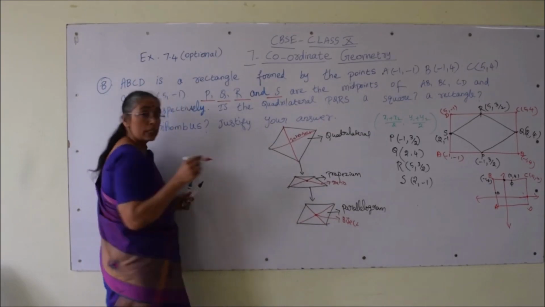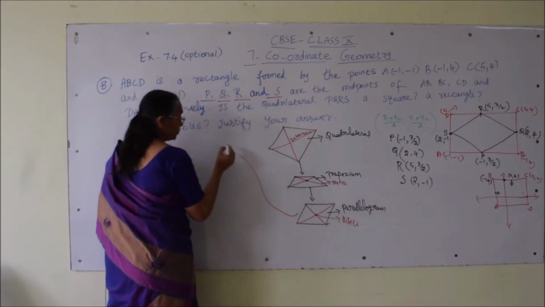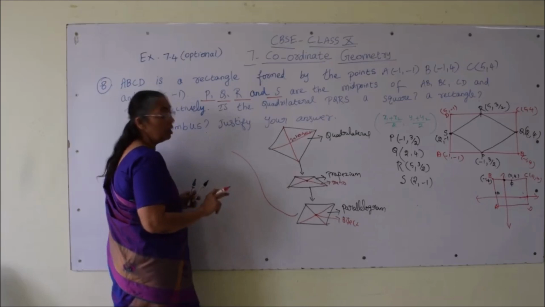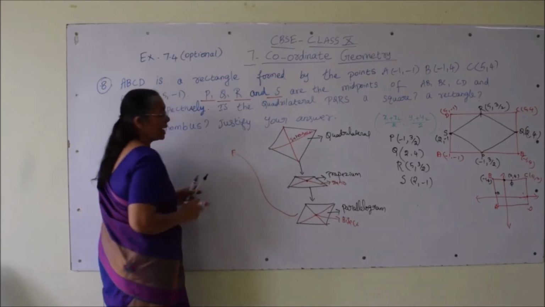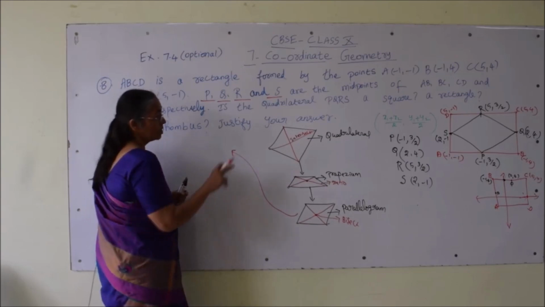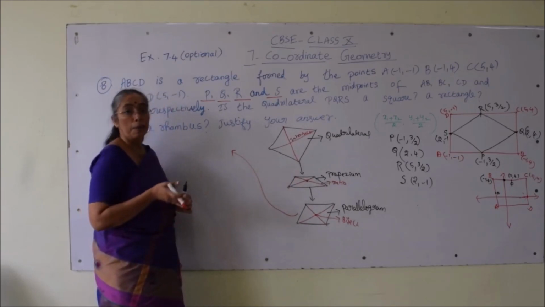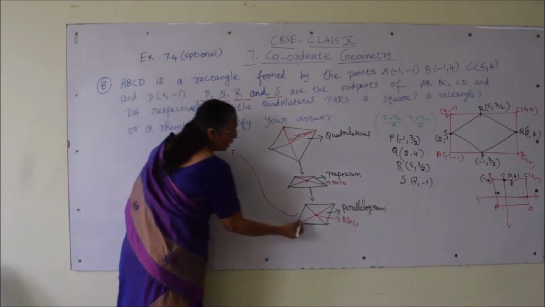Now, this parallelogram will change into either a rectangle or a rhombus if it satisfies two different conditions. Now, in the parallelogram already opposite sides are parallel, but actually you should state this definition based on angles only.